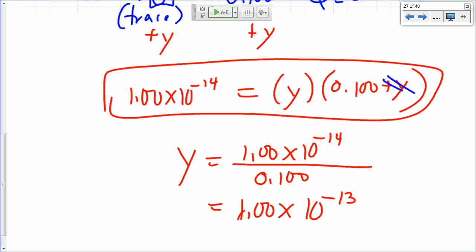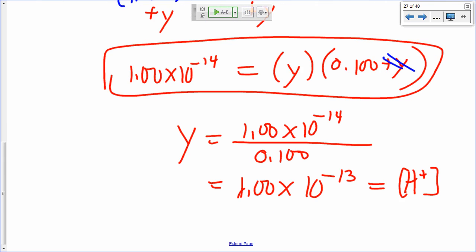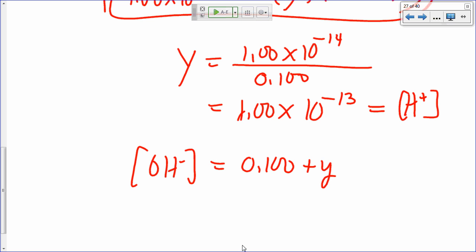Okay, and so y is my H plus concentration. And what's my hydroxide concentration? It's 0.100 plus y. So that is just going to be 0.100.